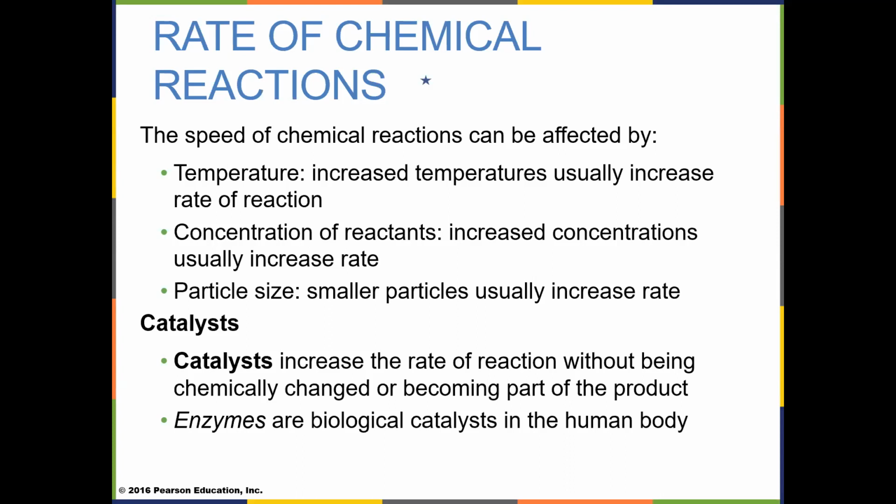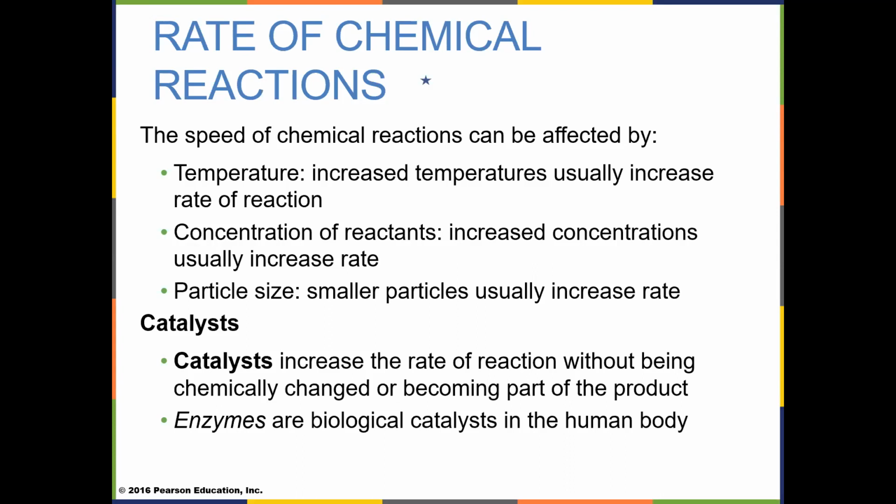none of these affect us in our bodies. We can't change the temperature of our bodies. Our body temperature stays constant at 98.6 degrees Fahrenheit. We can't get people warmer to work faster. The only time that works for us is when we have a fever. A low-grade fever makes our metabolic rate go faster to help get rid of pathogens.